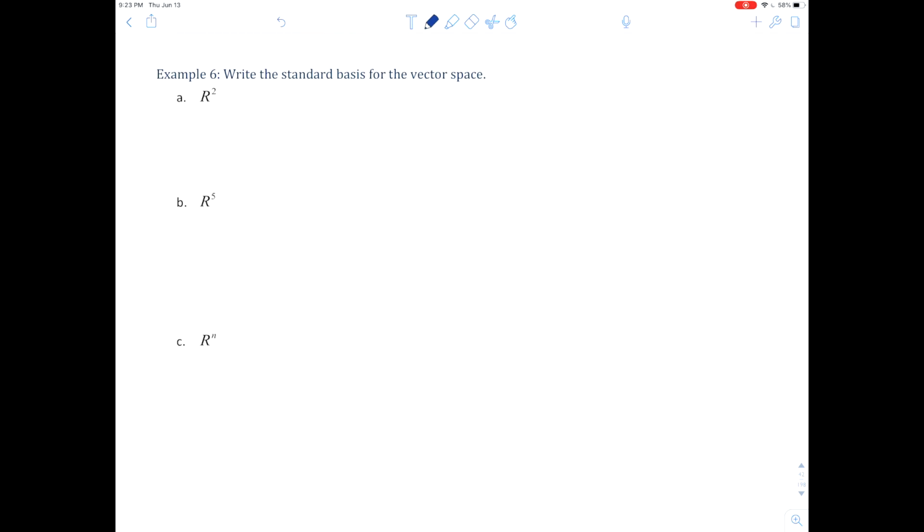Beautiful. The standard basis for R2 would be 1, 0, 0, 1. What about R5? Awesome.